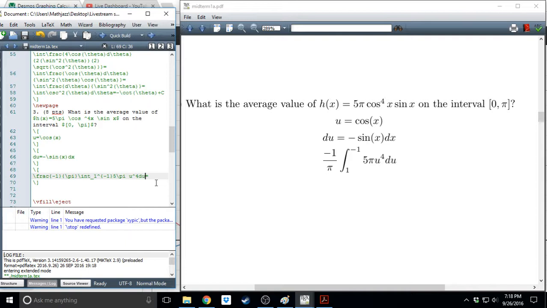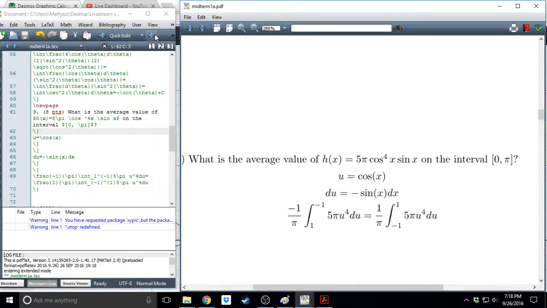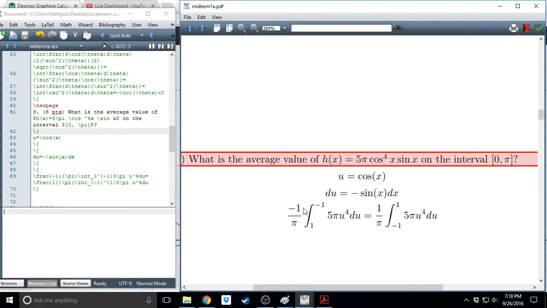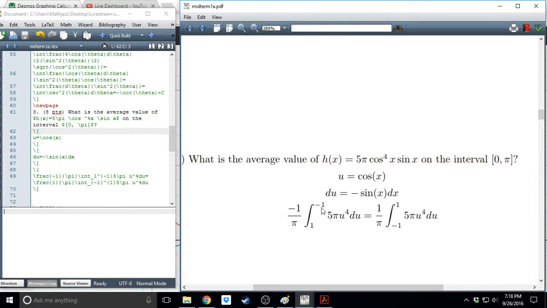Since the top limit is negative and the bottom one is positive, I like having the top limit being bigger than the bottom one, so I'm going to switch that by flipping the sign of the integral. This negative sign went away so that we could switch the negative 1 and the 1.